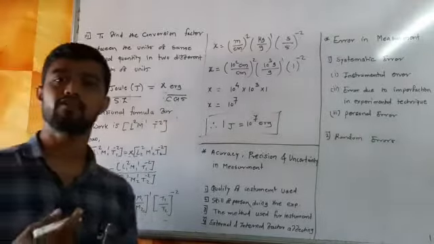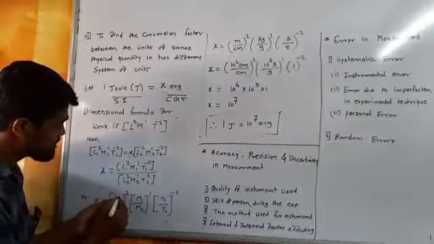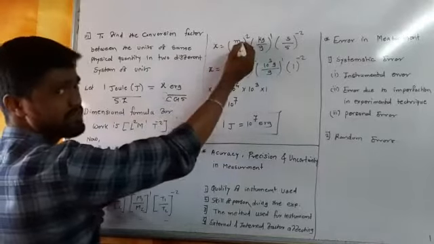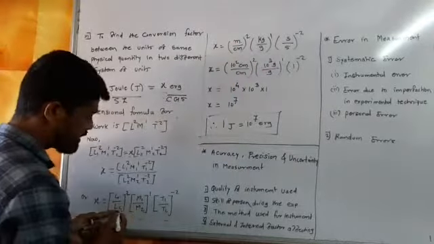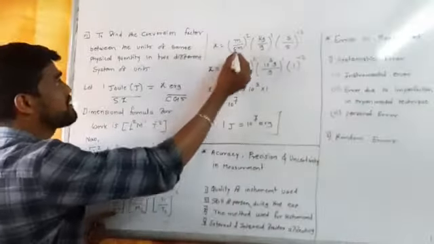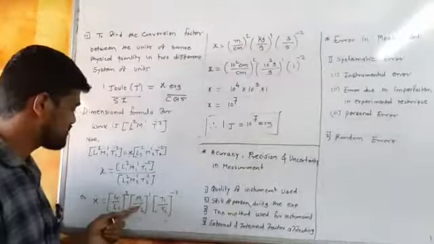Now we find the units. The SI unit of length is meter, so I write meter here. L2 is CGS, and the CGS unit of length is centimeter, so I write meter divided by centimeter.